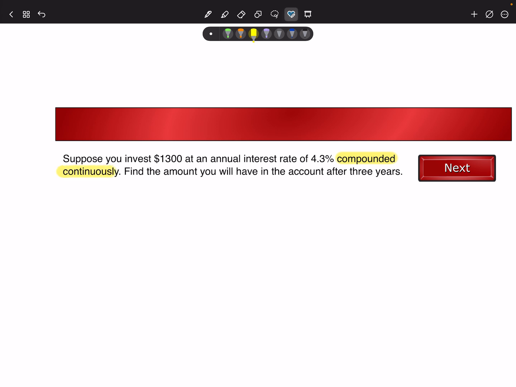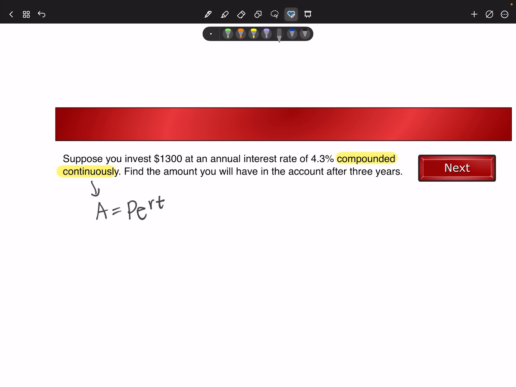As soon as you see compounded continuously, you should be thinking A equals Pert, P times e raised to the RT power. That RT power is only attached to the e. Okay, press pause, and when you're ready to check your answer, come on back and press play.